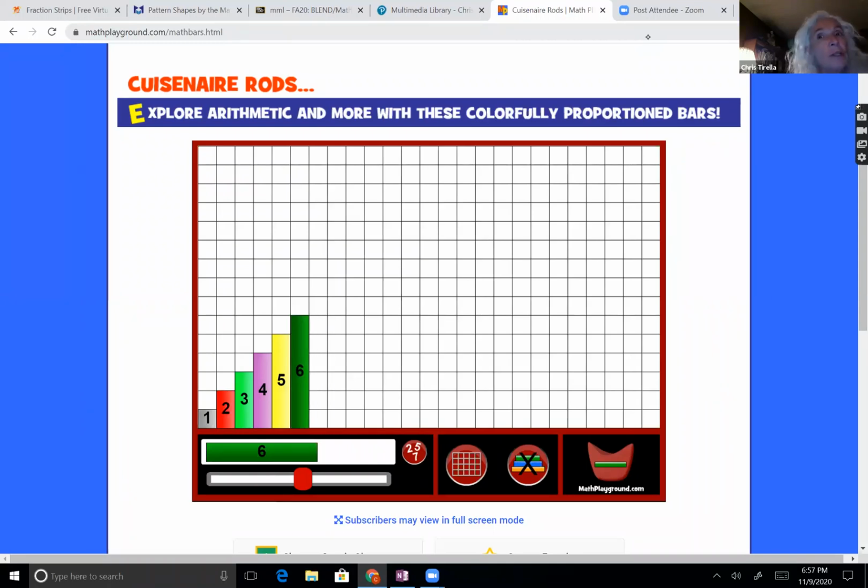Now I'm questioning myself. Is this color scheme coordinating with the ones that you guys have in your packet? Oh yeah. The number 7 are the black.